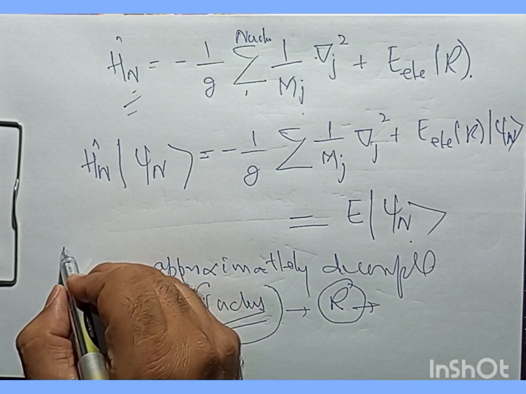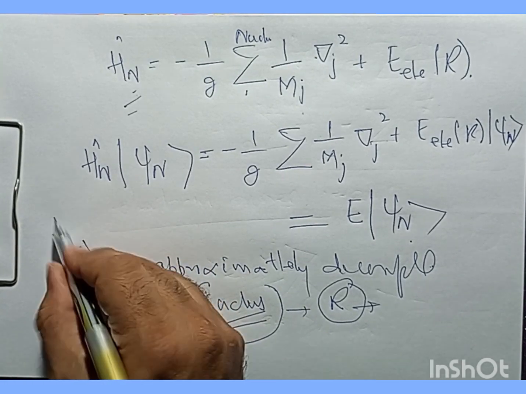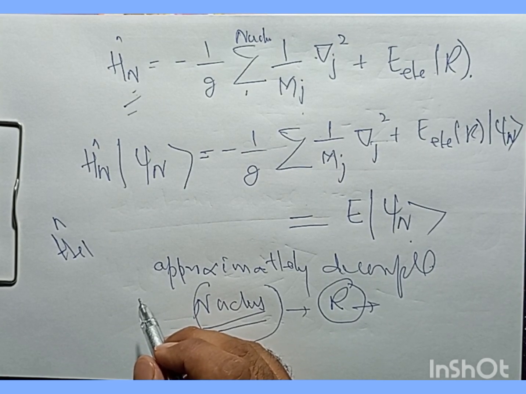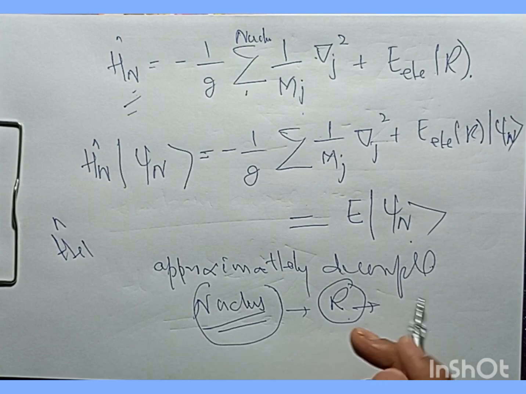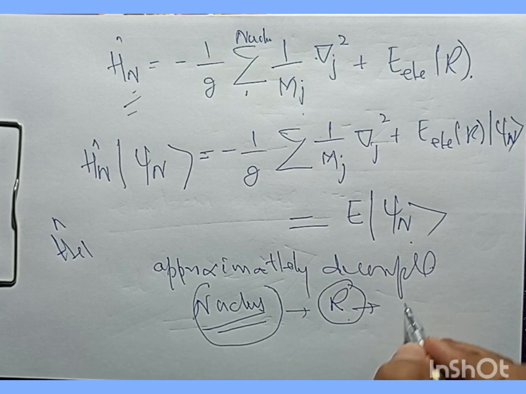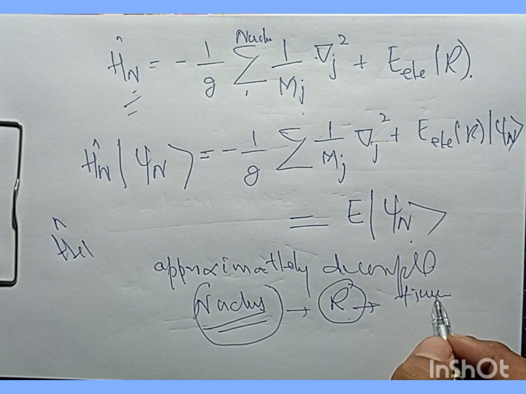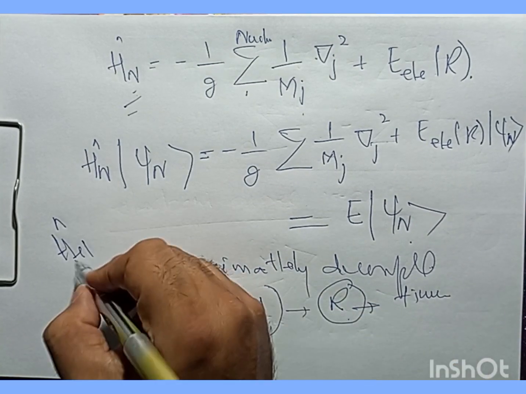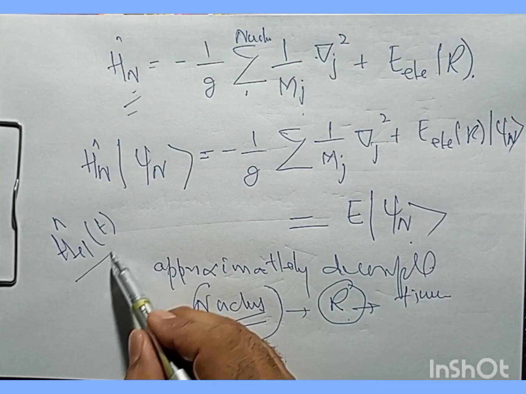And the electronic Hamiltonian that we have written down, which is H electronic, can be thought of as depending either on R or on time. If we take either approach, its dependence on R or time, and assume that the nuclei move infinitely slowly, we have a Hamiltonian H electronic that depends on time and is changing very slowly.